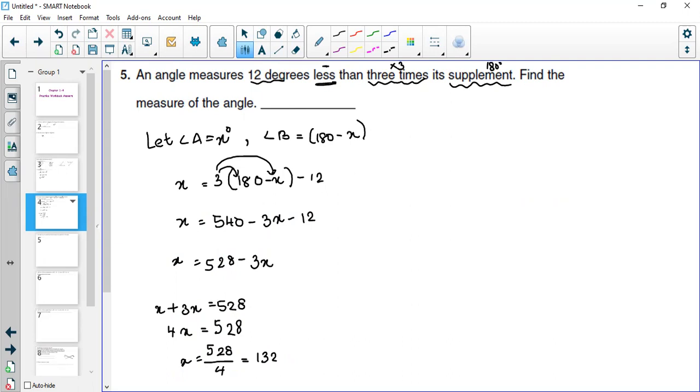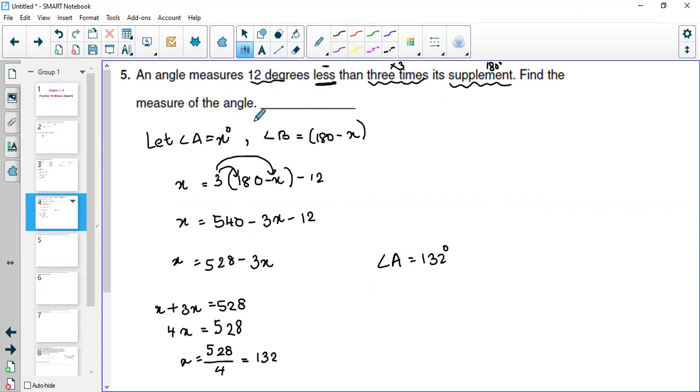Now that we have found the value of x, we need to find the value of its supplement. Or rather, the question says find the measure of the angle only. They did not say find the supplement. They said only find the measure of the angle. So the angle measure is going to be 132 degrees. So angle A is going to be equal to 132 degrees.